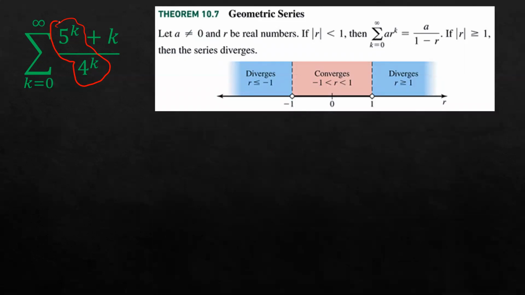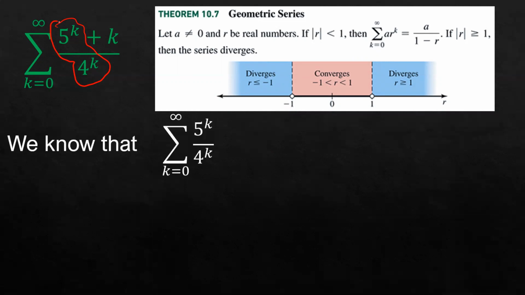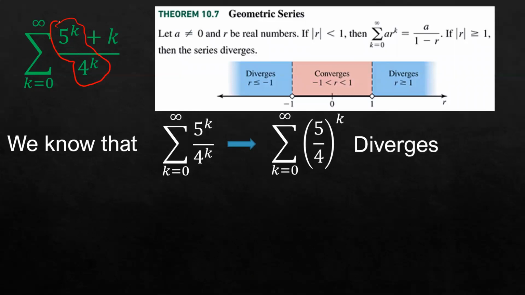A geometric series diverges when r is greater than or equal to 1. In this case, 5 to the k power over 4 to the k power is the same as 5 over 4 to the k power. So our ratio is 5 over 4, five quarters, and that is larger than 1. So this series diverges. Now, we know a divergent series.